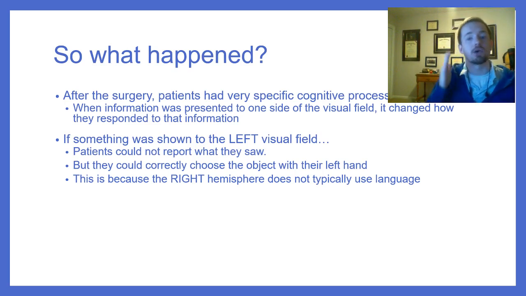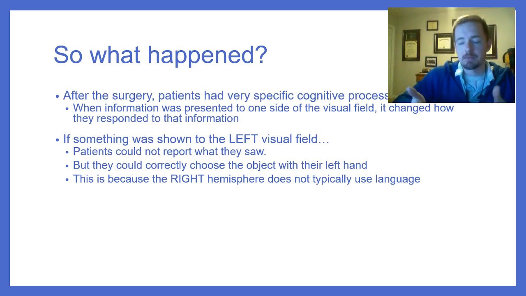And that's because their right hemisphere doesn't have a whole lot of access to language, but it can draw. It can pick things out. And remember, the right hemisphere handles the left side of your body, which is why your left hand would be able to choose this, but your right hand would not be able to. And I know, that's crazy, right? That's nuts to think about.